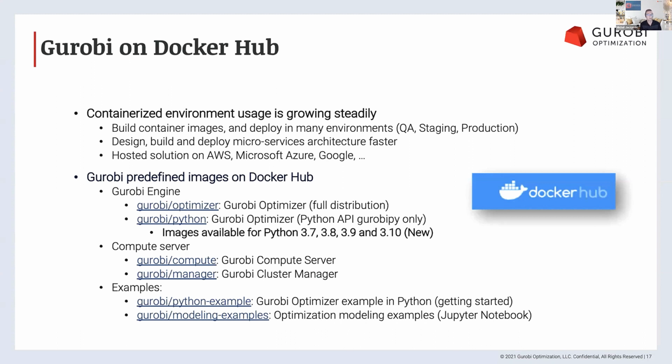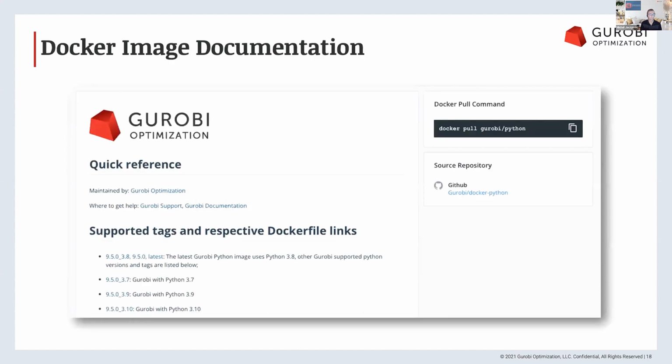And new in 9.5, we have added images for different versions of Python, 3.7, 3.8, 3.9, and 3.10. We also have images for the compute server and the cluster manager. And we have additional examples that you can take a look at.